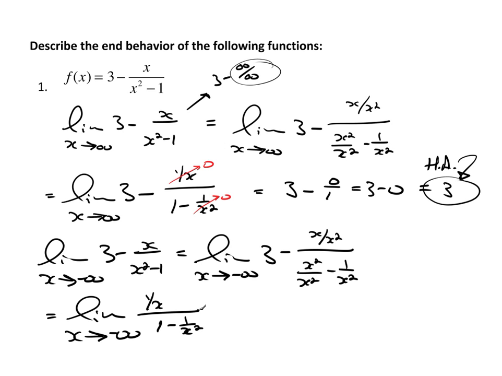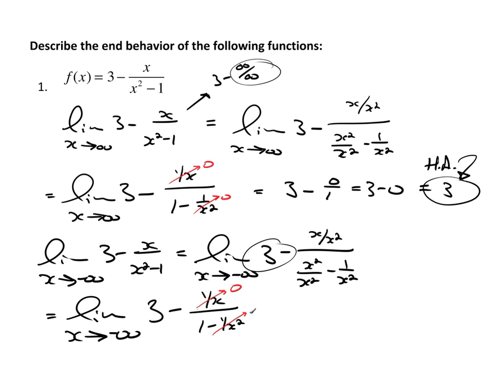Well, now in the limit, oops, I missed my 3. I should probably put that 3 back in there. So let's erase this real quick. And see, I'm going to have 3 minus 1 over x over 1 minus 1 over x squared. Now, as x goes to negative infinity, this piece will go to 0.